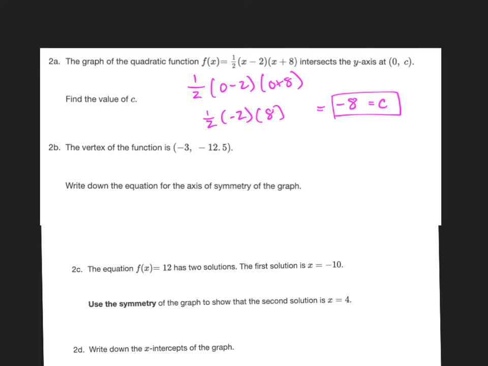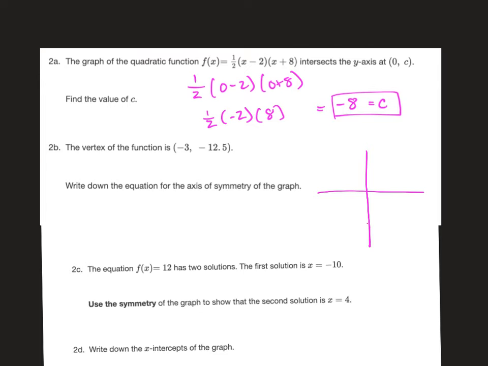Cool. Okay. The vertex is at (-3, -12.5). Write down the equation for the axis of symmetry on your graph. So think about what that might mean. Let's get ourselves a little bit of a sketch of what's happening here.